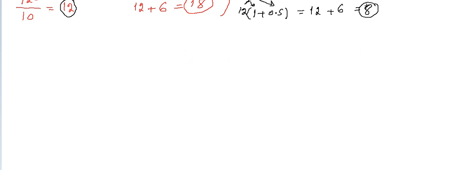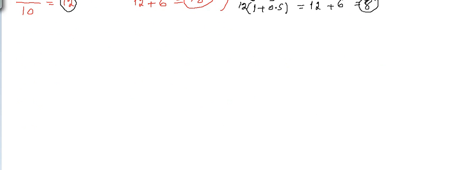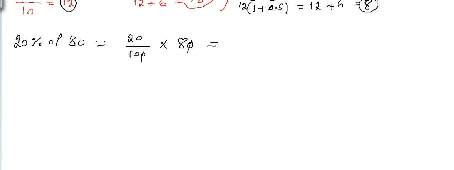Let's go to 20%. If we have 20% of a number, let's say 20% of 80. What is 20% of 80? The classical way, we do 20 divided by 100, which is 20%. Of means times 80. We can divide by 10 again, and we end up with 2 times 8, which is equal to 16.